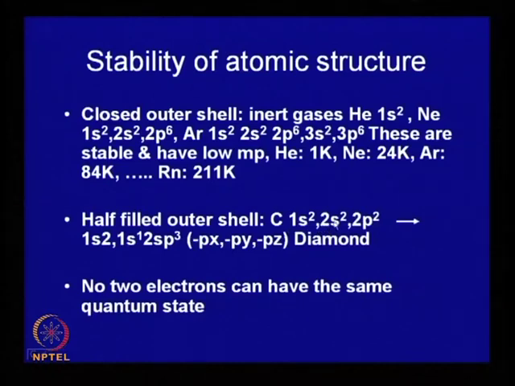1s2, 2s2, 2p2. But in this case, there is a tendency that one of these electrons goes over to p, and all of them have parallel spin. This is represented by 2s1, 2px, 2py, 2pz.